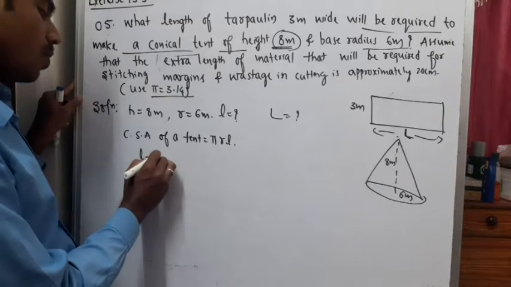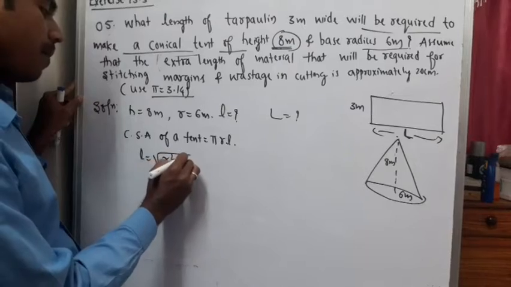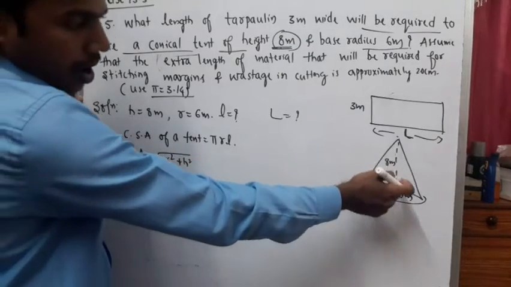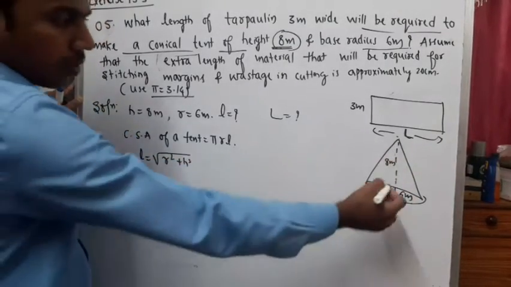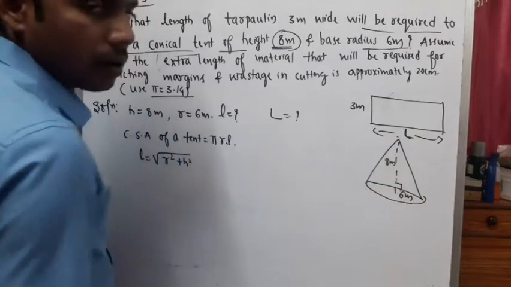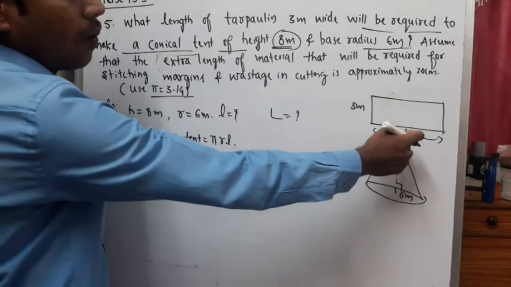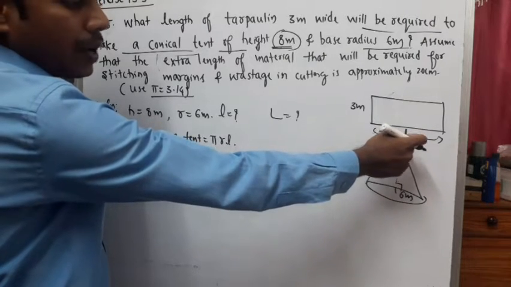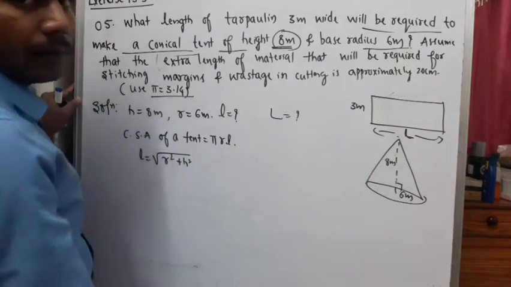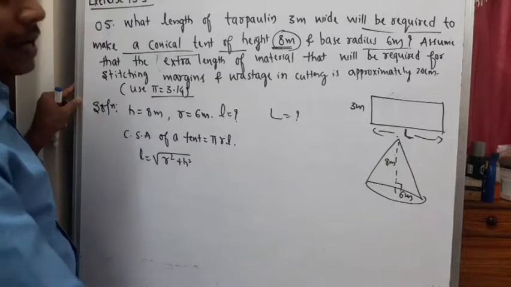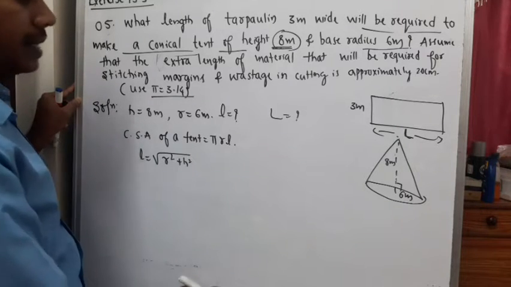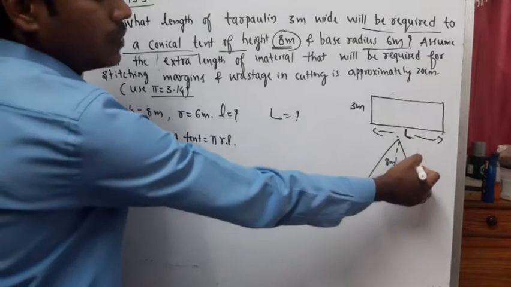L is equal to square root of r square plus h square, because we are talking about the right circular cone. The line segment joining vertex of a cone and the base will be perpendicular to the base. That is the reason this will be 90 degree, and this will be the hypotenuse.